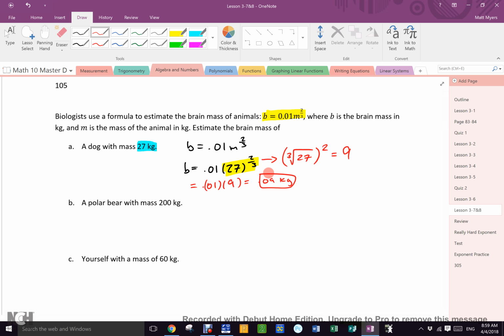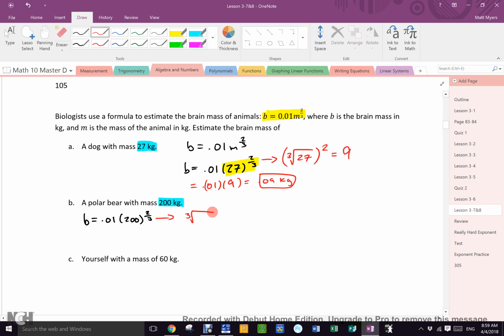Is it possible to do B without a calculator? Where does the 200 go? So what do I know about this part?